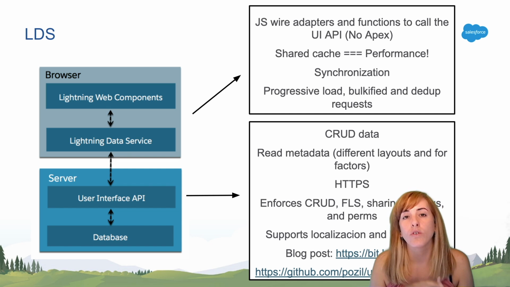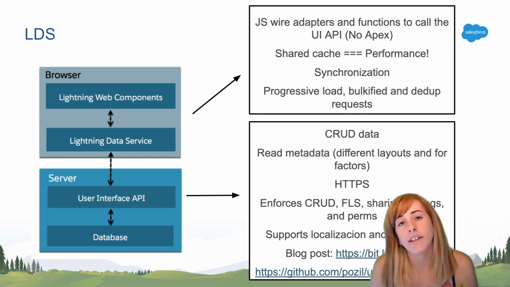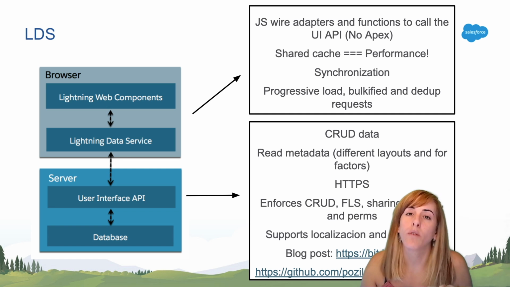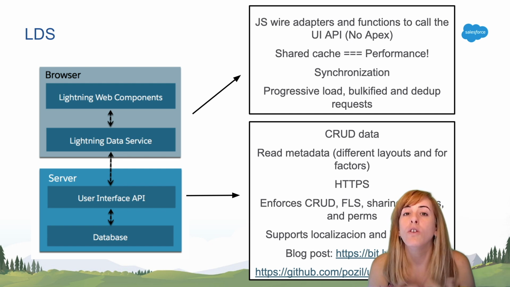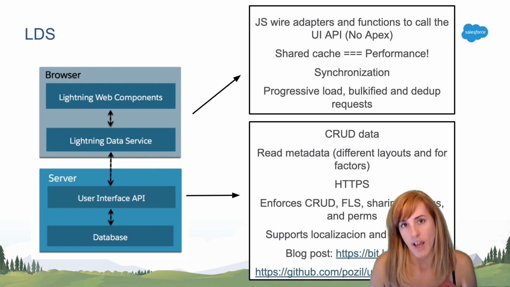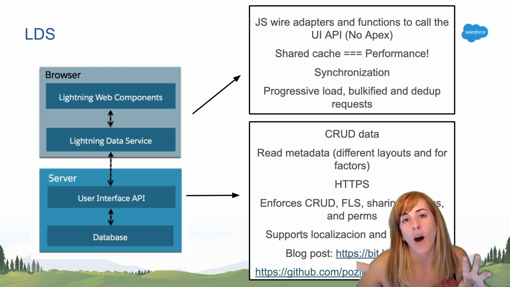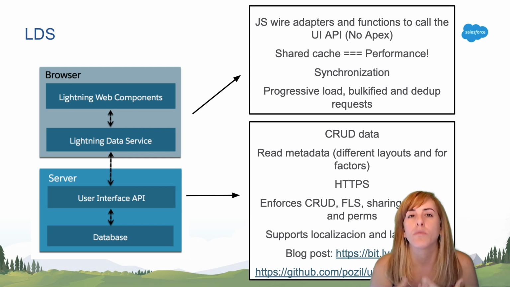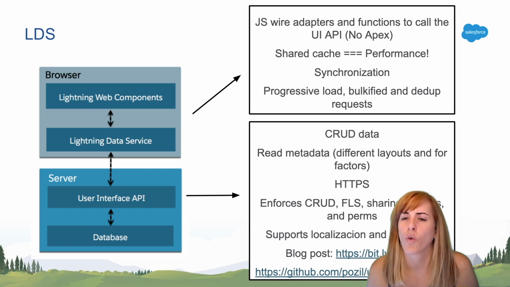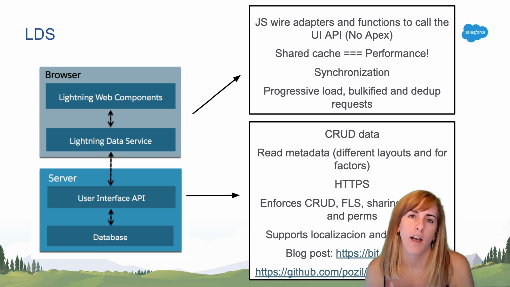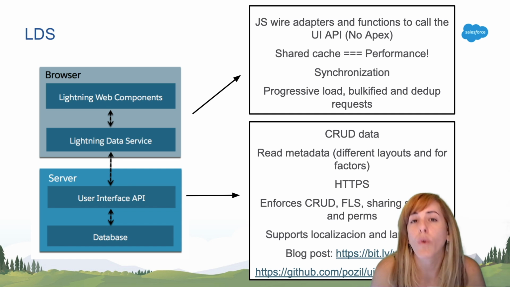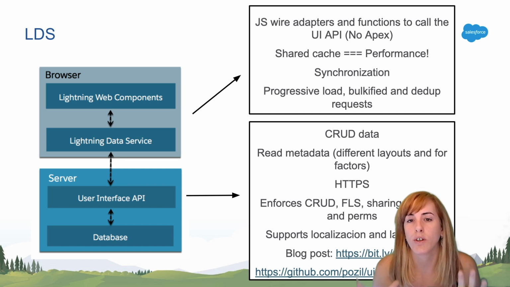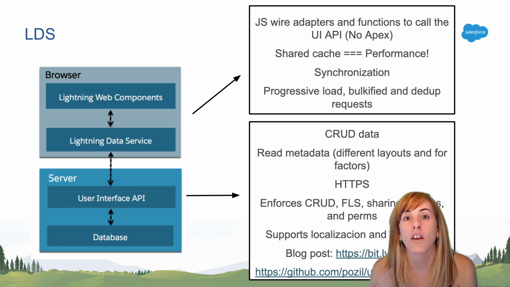A new record is going to be retrieved, and the rest of the components of the page are going to be notified about that change and are going to show automatically the new version of the record. So it's super useful. It also has other improvements as progressive load of the records or the deduplication of requests. But I think the most important two features are caching and synchronization.